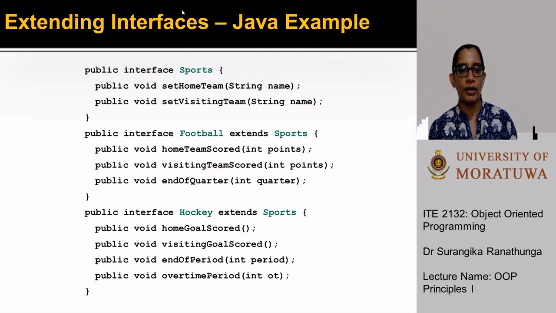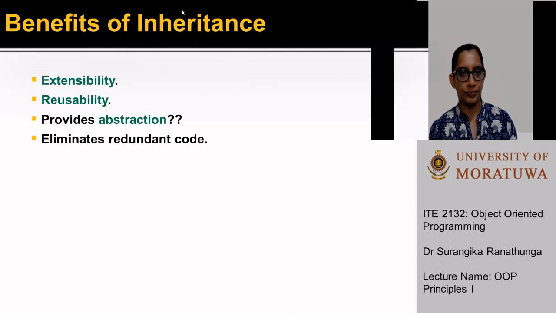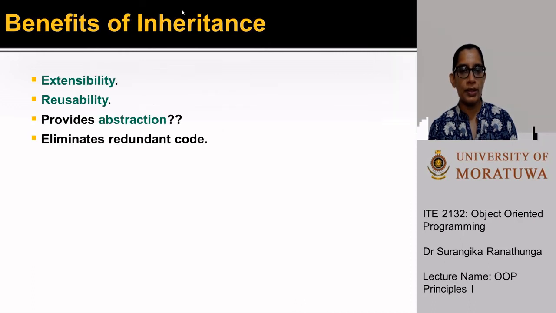And on top of that, it will receive the set home team and set visiting team methods from the super interface. So keep in mind, an interface can extend another interface. A class can implement an interface. A class can extend another class. Get the terminology correct. So this inheritance is very important and very useful.